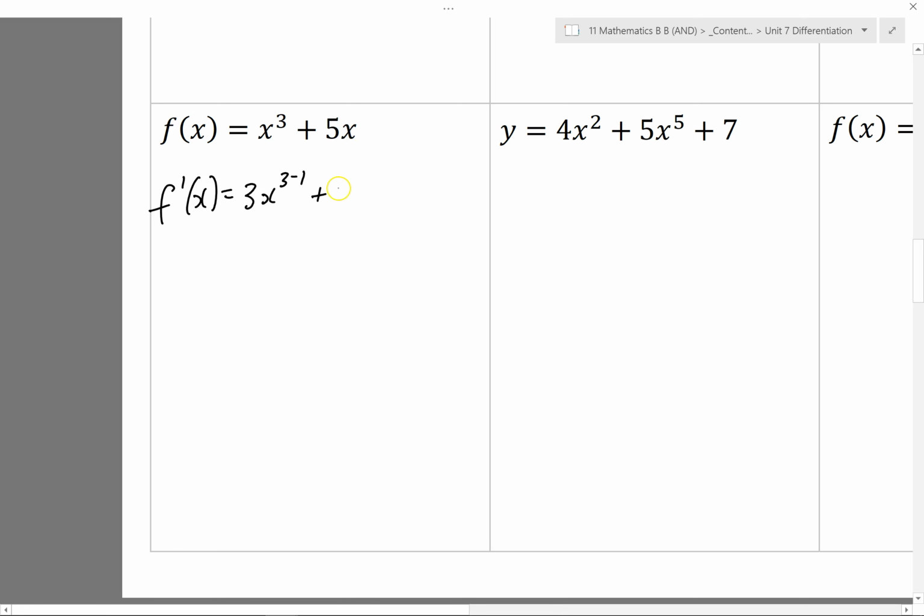And we'll do the same thing here, 5 times 1, x to the power 1 minus 1. So simplify all of these. And remember x to the power 0 is just 1, so it's not going to be there at all.